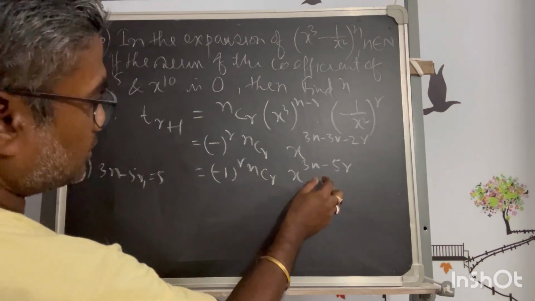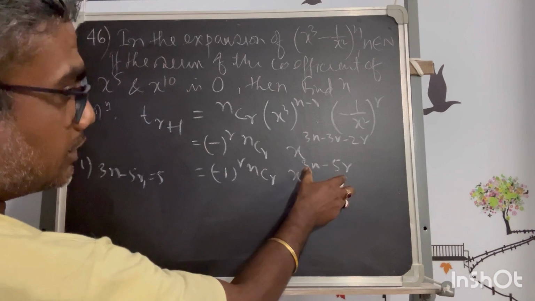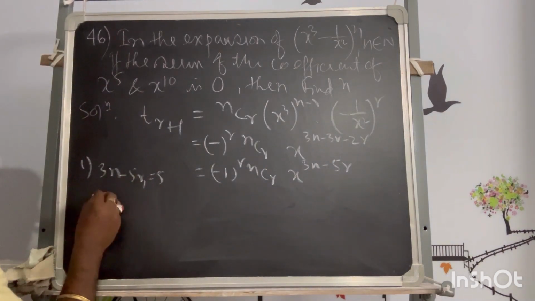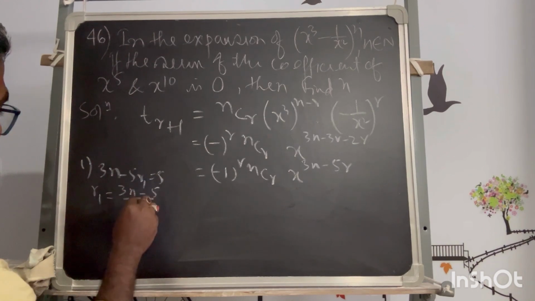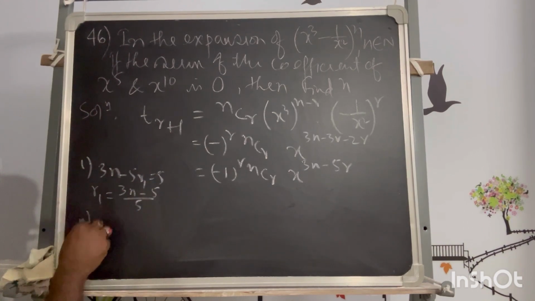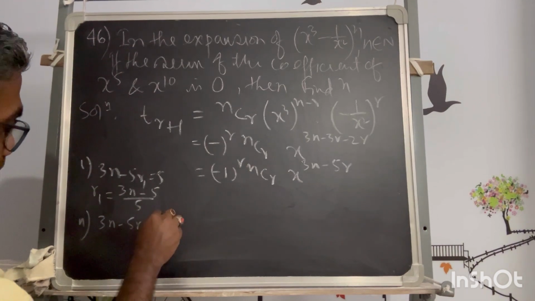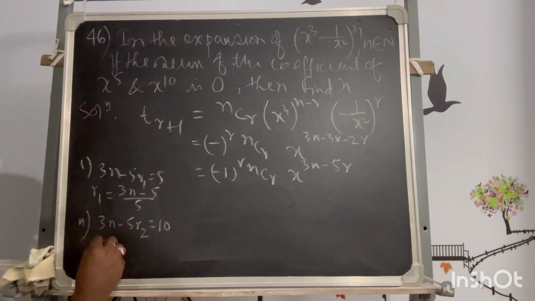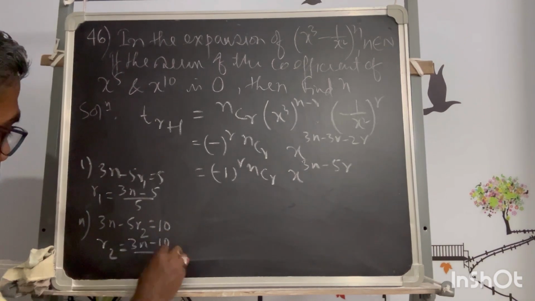And you can understand n is unknown, r is also unknown. You cannot solve to get r1, so you have to put it like that. So r1 in terms of n will be something like that. And the same, if I equalize 3n minus 5r2 this time to 10, r2 will become this in a similar way.